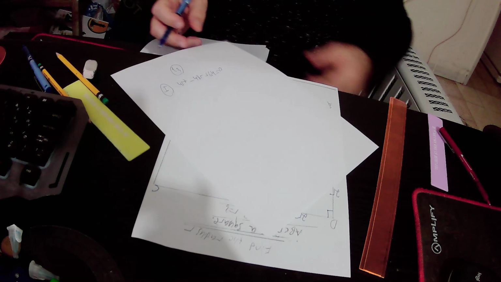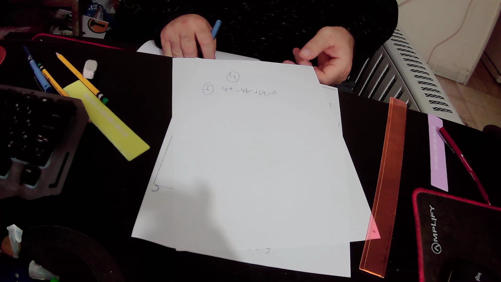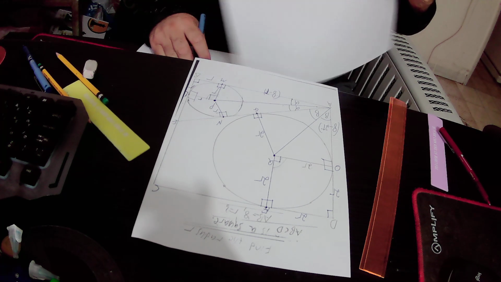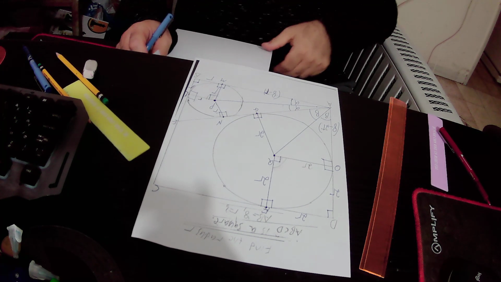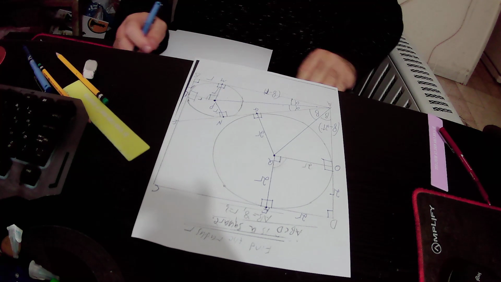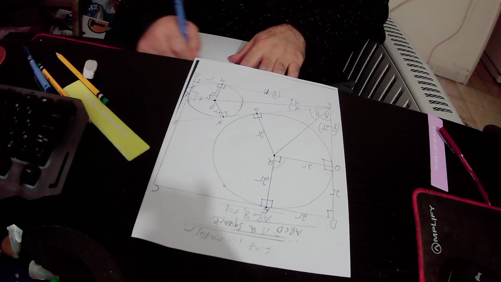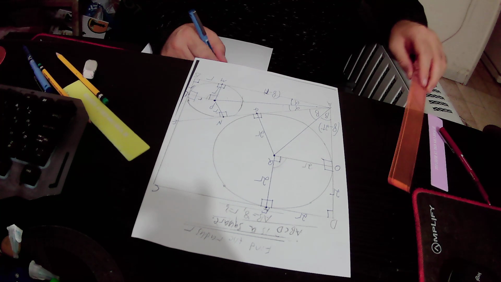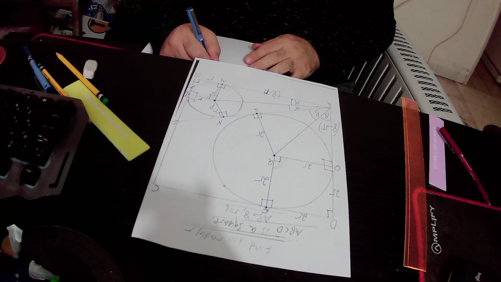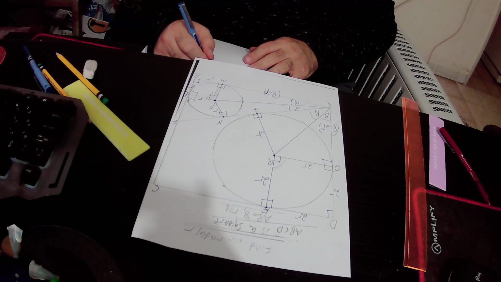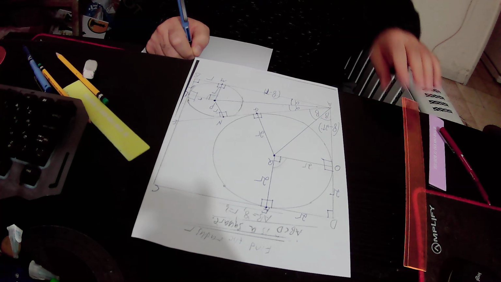So here we will divide this quadratic equation by 4, and we will get r squared minus 12r plus 16 equals 0.